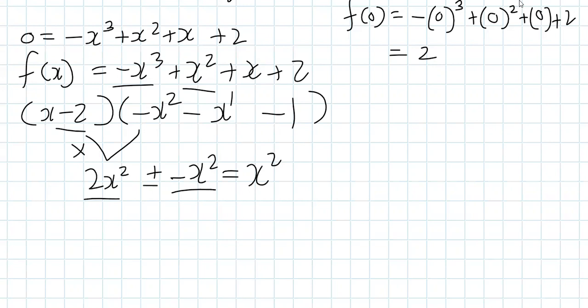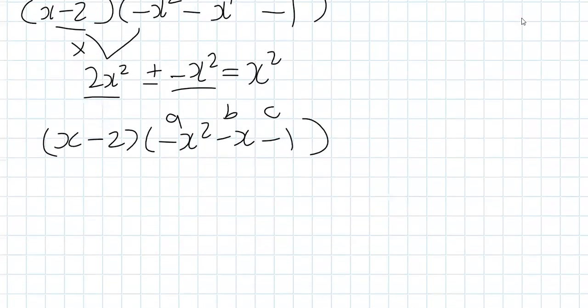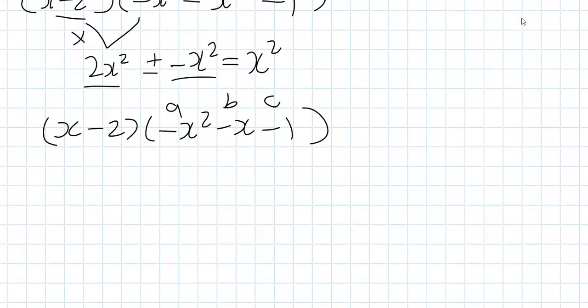I look at this, and it doesn't look pretty to me, so immediately I'll just take a look at my factor here, and this a, b, c, I'll just put into my quadratic formula. So for the quadratic formula, it's x is equal to minus b plus minus square root of b squared minus 4ac.